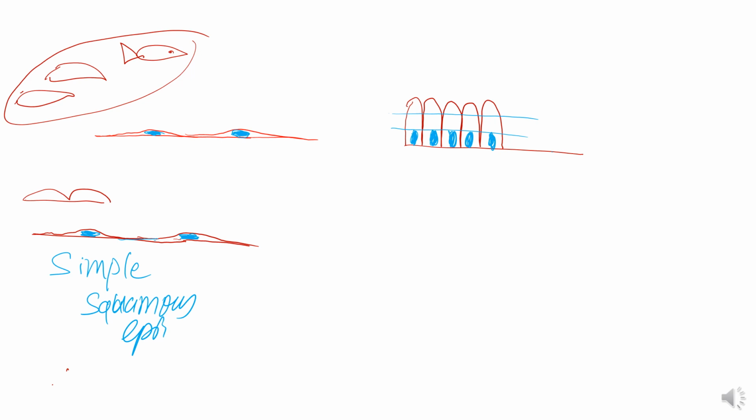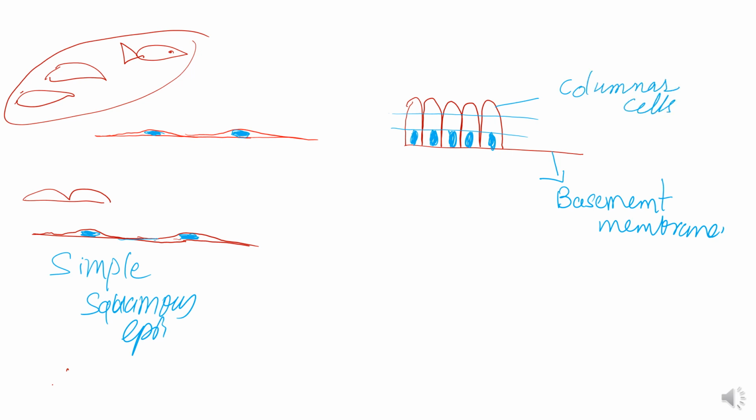And when you label it, please label it properly: basement membrane, columnar cells, single layer of columnar cells, nuclei. And please don't forget to fill in the cytoplasm in these cells.